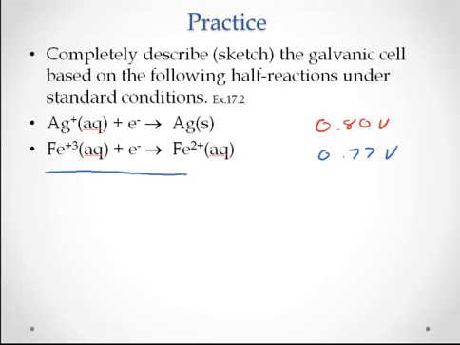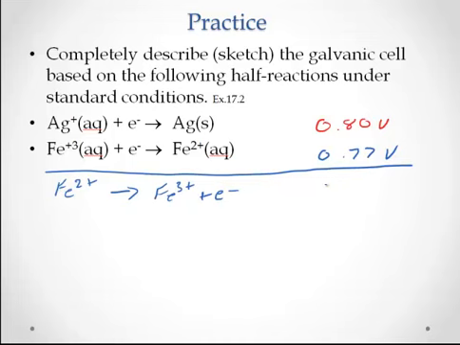So let's write the whole cell here. Actually, it would be better if I go Fe2+ yields Fe3+ plus an electron, and that gives me negative 0.77 volts.